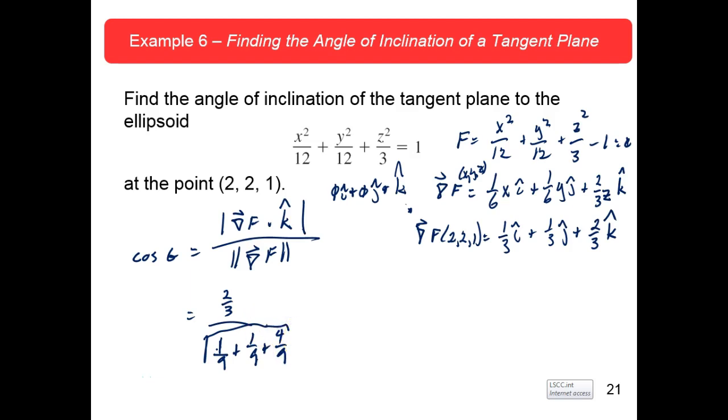Okay, so this is 2/3 over the square root of 6 over 3.